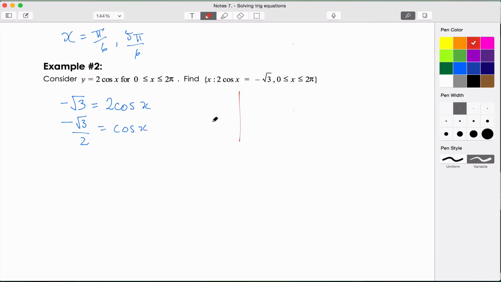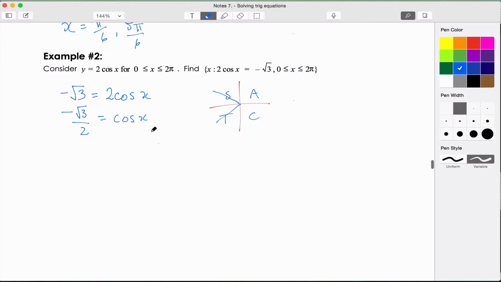Let's have a look at our unit circle. And this time cos is negative. Cos is positive here, cos is negative here, and cos is negative here. We're only going to 2 pi, so before we do that, we need to find our reference angle.